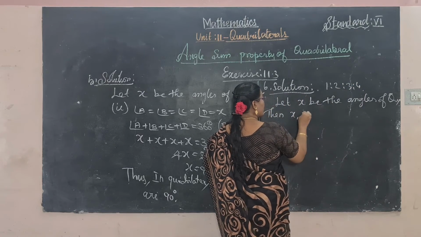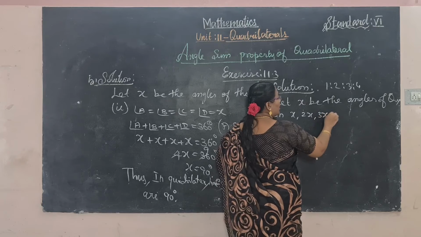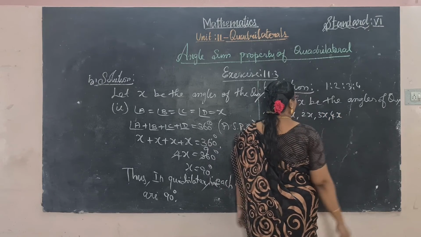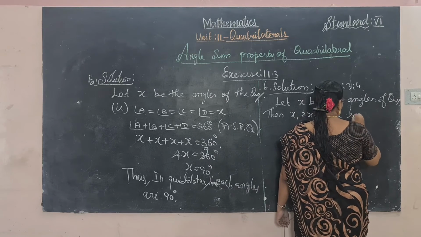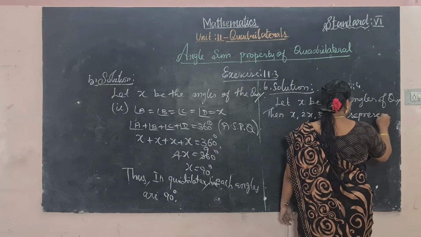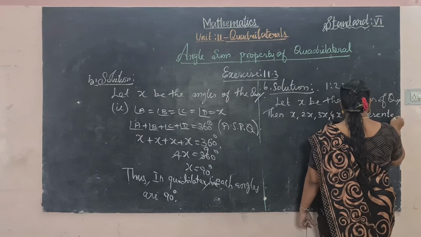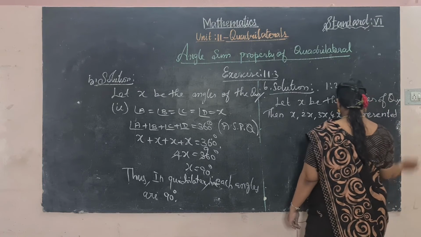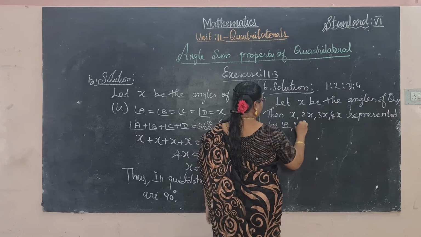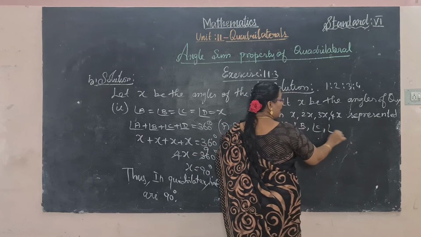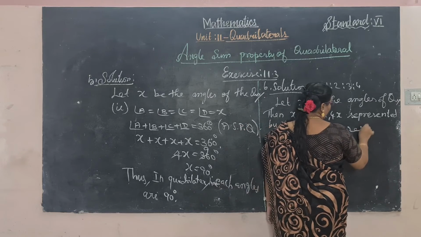Then x, 2x, 3x, 4x represent angle A, angle B, angle C, angle D respectively.